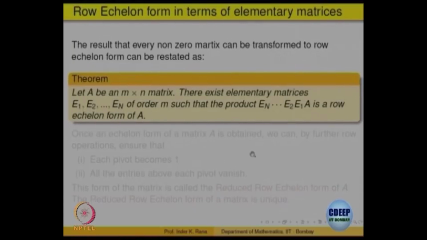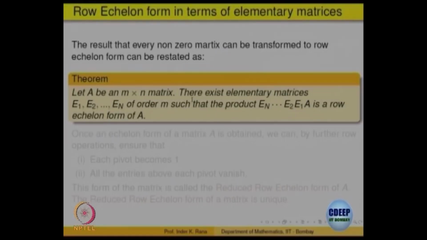A theorem says that we said every matrix can be reduced to row echelon form by row operations, right. In terms of matrices, what will it mean? It will mean that if A is an m cross n matrix, then there exist elementary matrices, some number of them, E 1, E 2, up to E n of order m, they are all square matrices of order m, such that if I pre multiply A with those, so these are the row operations we are doing via matrix multiplication, the result will be in the row echelon form, right.